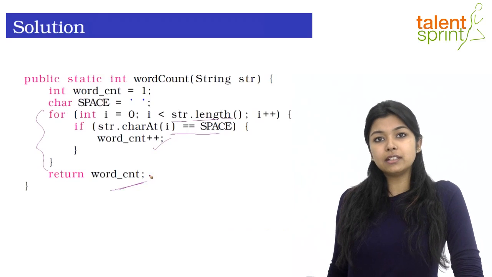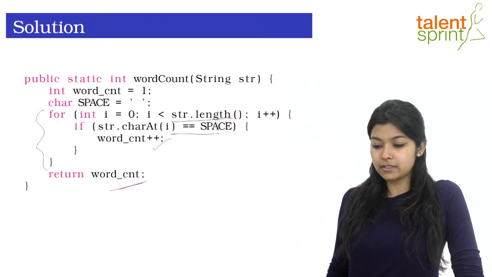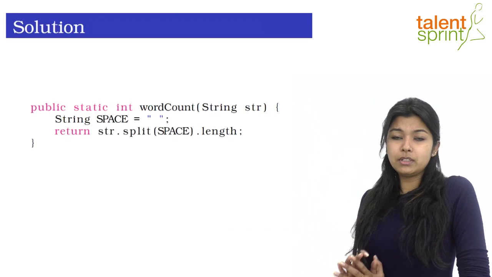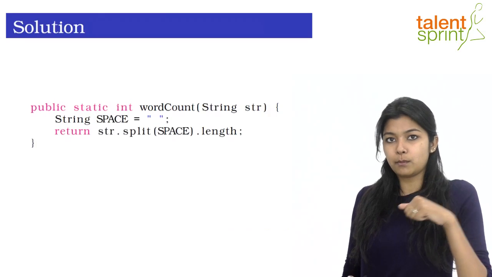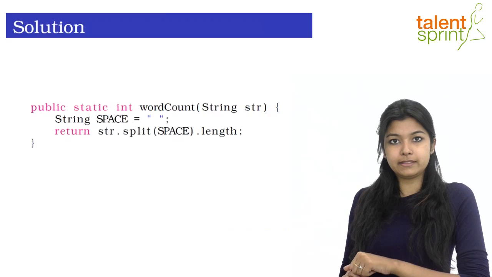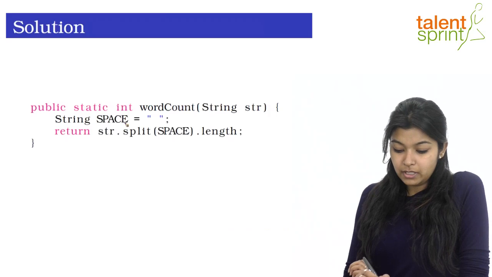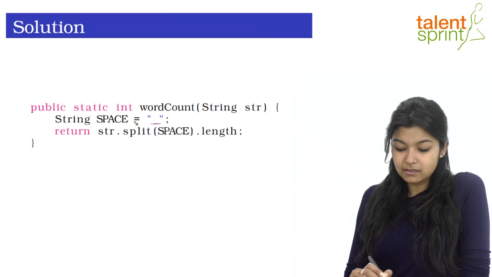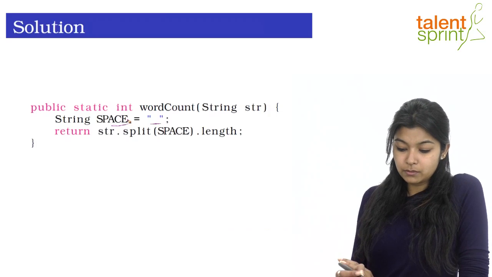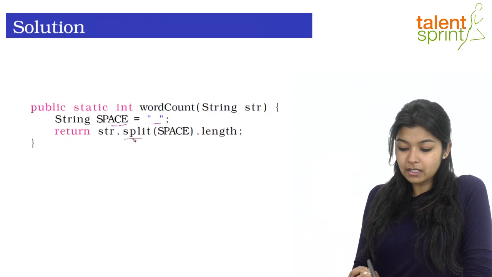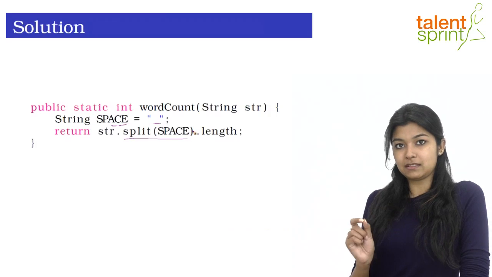Let me show you another approach to solve the same problem. Now here what we are doing is, we are using the pre-existing Java functions to ease our problem a bit. How? Let's see. We have initialized the space and stored it in a string variable. And what we are doing is, we are splitting our string on the space.